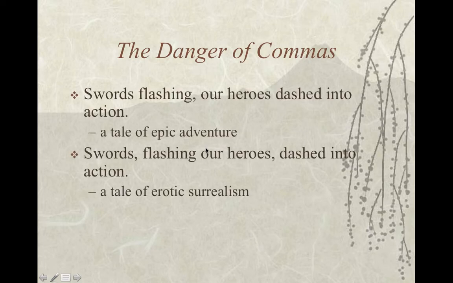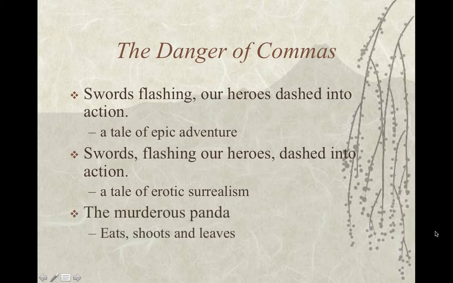Everybody goes, oh my God, what happened here? And the panda takes out an old wildlife manual, throws it at the waiter and says, hey, look it up. So the waiter looks it up and it says, panda: a large bear-like mammal, native to China. Eats, shoots, and leaves. So this one careless comma turns this peaceful vegetarian into a murderous mammal.